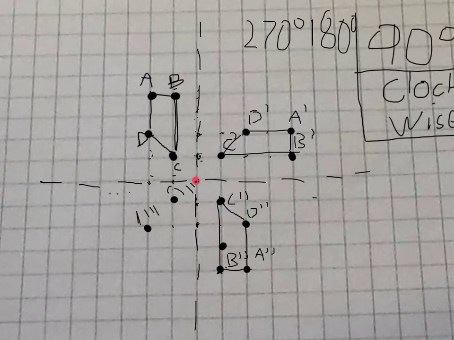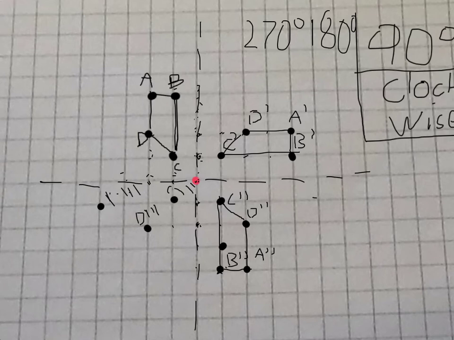And now the next point is the B point, which is 1, 2, 3, 4 up, and 1 to the side. So it'd be 1, 2, 3. No, it would be 1, 2, 3, 4 that way. And 1 to the side. The B point would be right there.